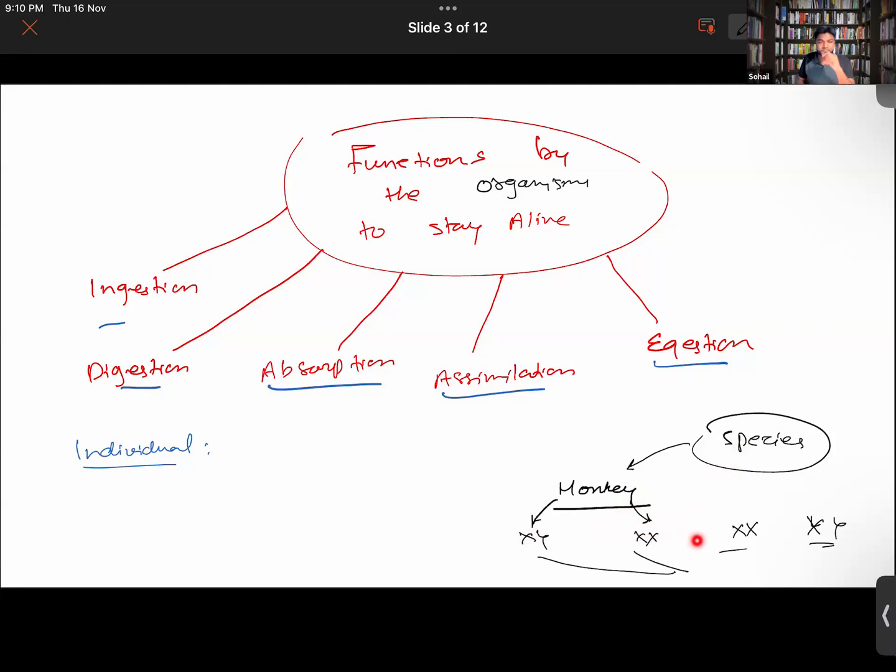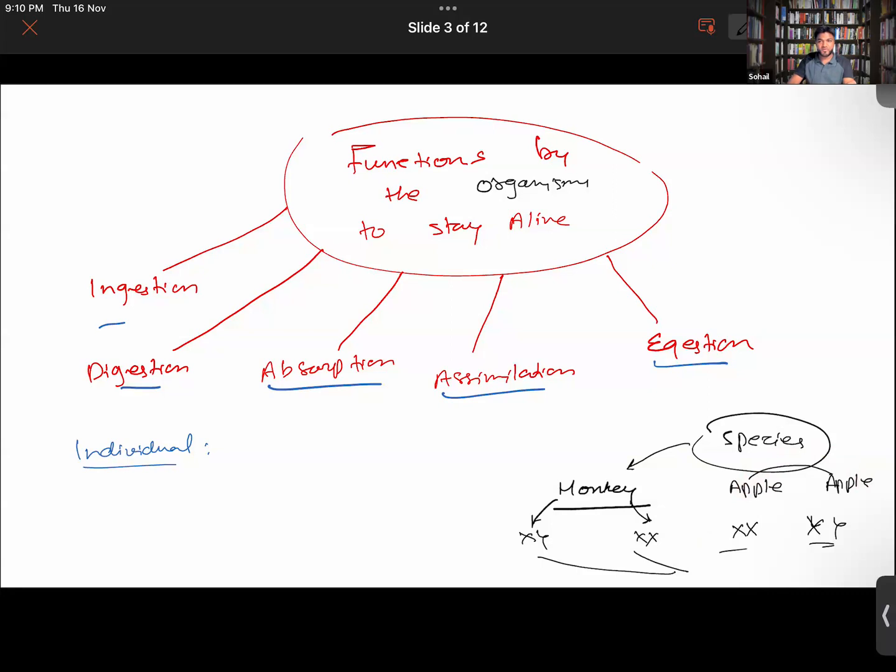Is that clear? Yes, sir. The same is the case in plants also. If I have an apple plant of one particular kind, pollination will take place. For pollination and fertilization to take place, both the apple plants have to be of the same type. You know about pollination, right?